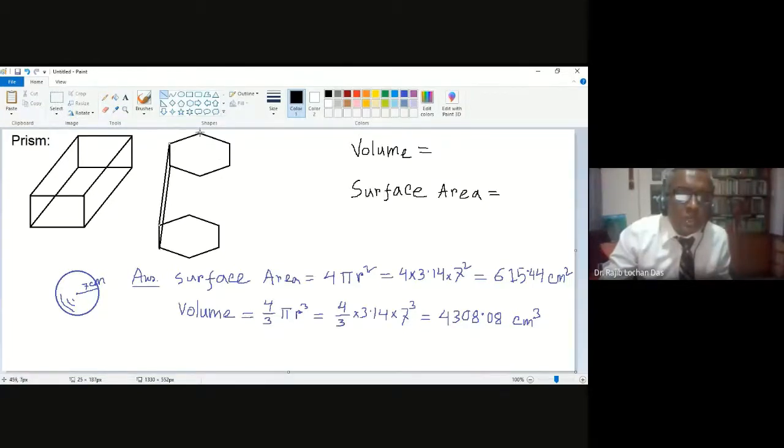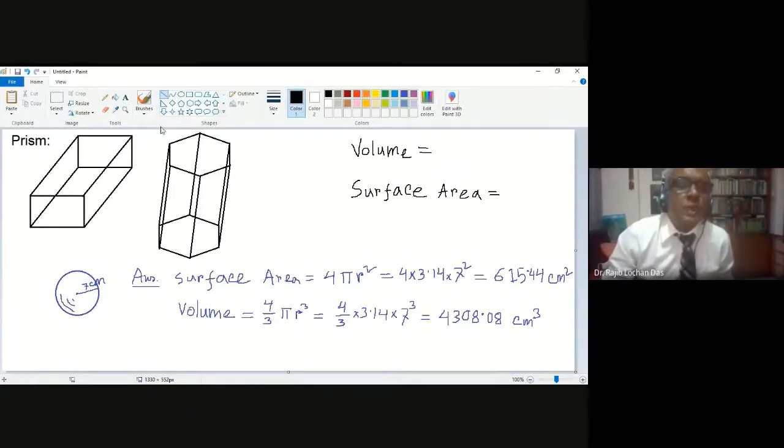All the corners will be joined together, but the most important thing is the bottom and top will be exactly the same.